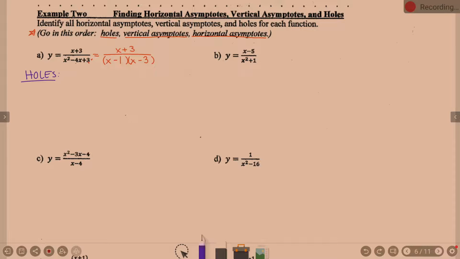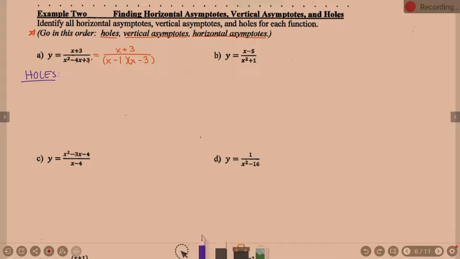Now, the question is, are there any factors that can cancel and reduce? On top, I have an x plus 3. Is there an x plus 3 on bottom? No, it's close, right? But are x plus 3 and x minus 3 the same? No, they have to be identical to cancel. On bottom, I have x minus 1 and x minus 3. Are either of those on top?